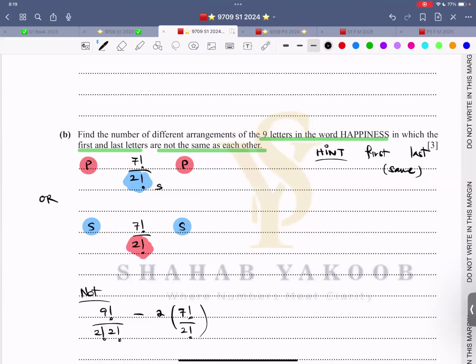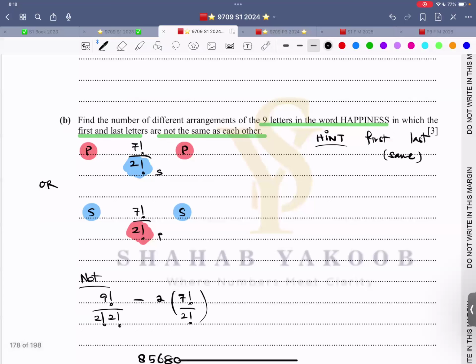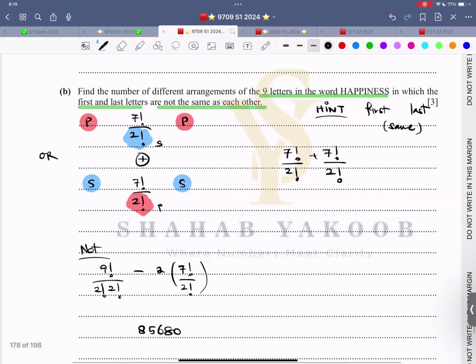So this is 2S, this is 2P. So now when you do this thing, you add up the possibilities. That is 7 factorial over 2 factorial, 7 factorial over 2 factorial, or means add. So this is 2 times this, and this comes out to be 5040.